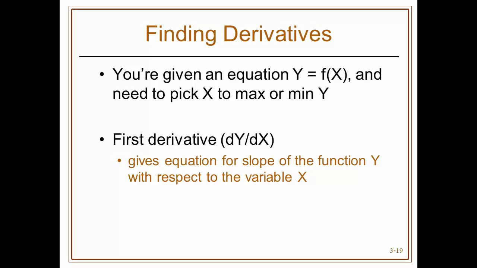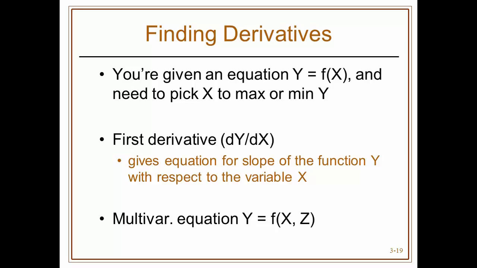So once I take the derivative of the equation for total benefit with respect to the variable a, if I were to plug in 1,000 into that first derivative equation, I would get a result equal to 0, and that would tell me that when x equals 1,000, or when a equals 1,000, then the slope of the total benefit line is 0.